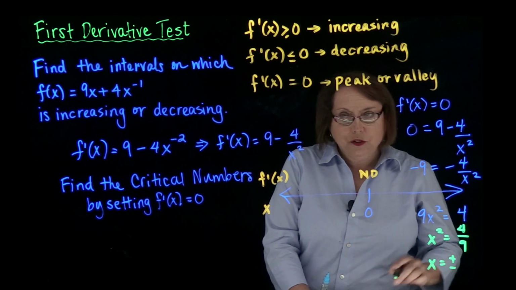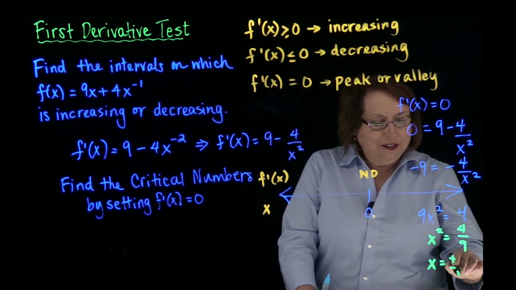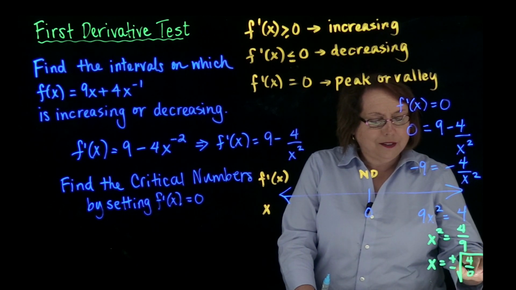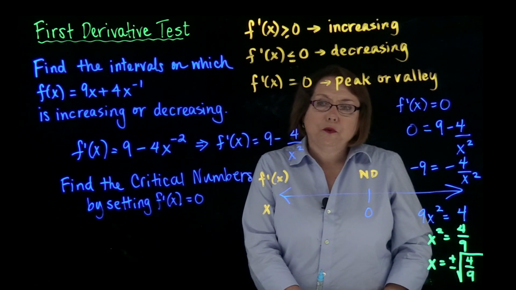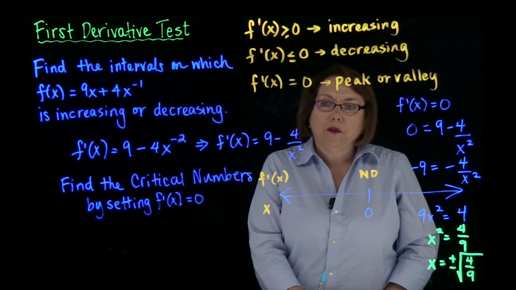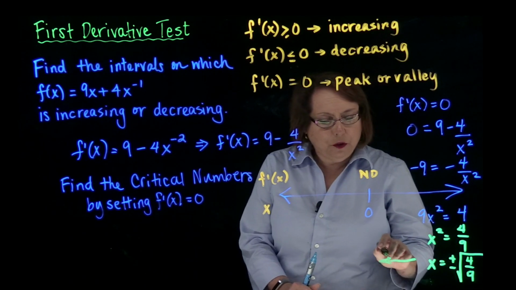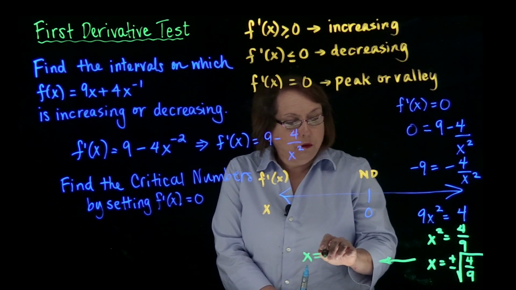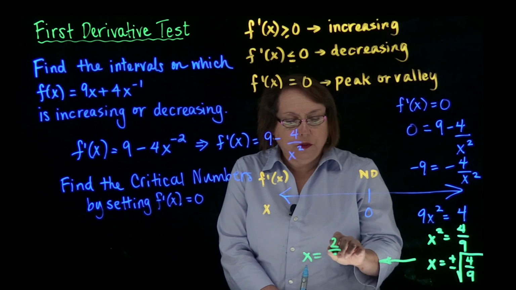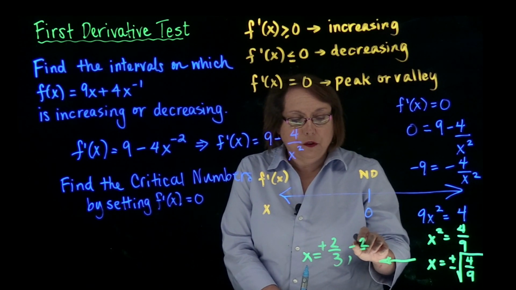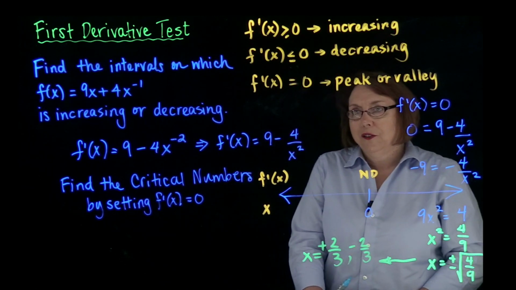Remember, when we use the square root property, it's going to be the positive and the negative square root of 4/9, which is going to be equal to, let me just put it over here, x is equal to positive 2/3 and a negative 2/3. We have two critical numbers.